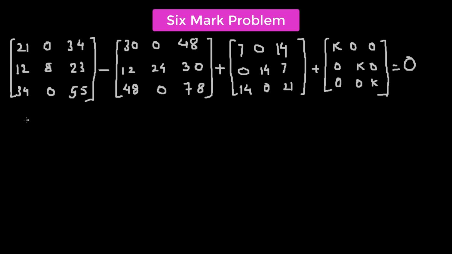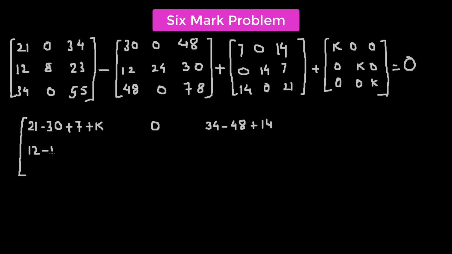So finally let's add and subtract. We'll have 21 minus 30 plus 7 plus k. All the entries are 0, so this will be simply 0. Then we have 34 minus 48 plus 14 and 0. And we have 12 minus 12. Next entry will be 8 minus 24 plus 14 plus k.